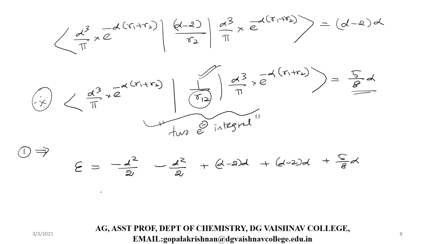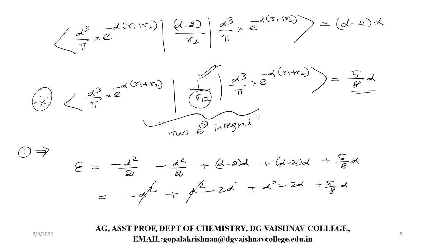Now if you add them, minus alpha square by 2 minus alpha square by 2 will give minus alpha square. Here if you multiply, you will get alpha square minus 2 alpha. Similarly here also alpha square minus 2 alpha. Here you will get 5 by 8 alpha. Minus alpha square plus alpha square cancels. So what we are left with is, let me write it on the next page.